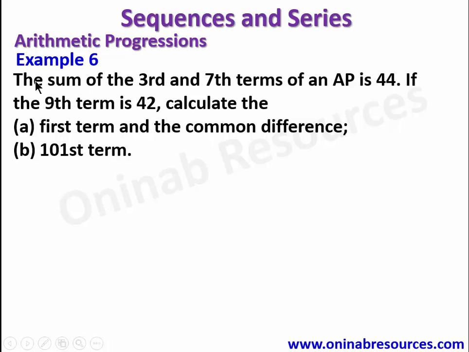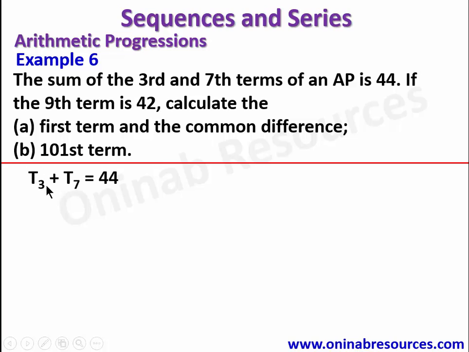It's just similar to what we did in example 5. In our solution here, we are told that T3 plus T7 is equal to 44. So we know the formula for T3 is A plus 2D, then plus the formula for T7, A plus 6D, is equal to 44.